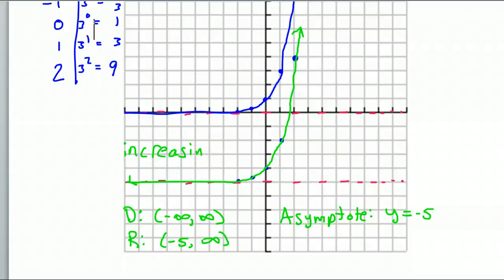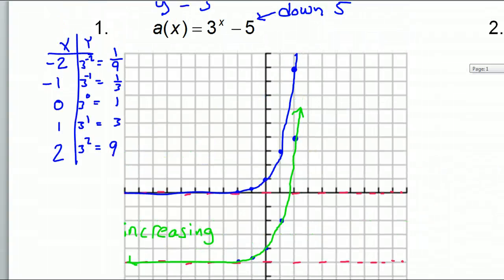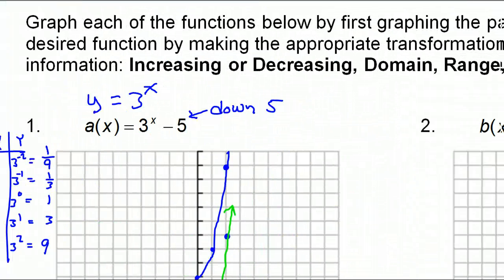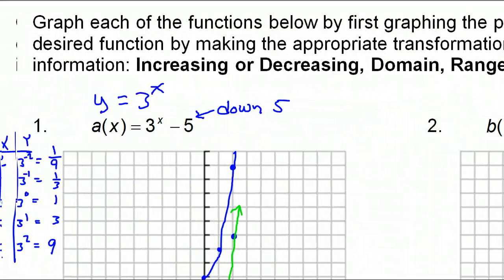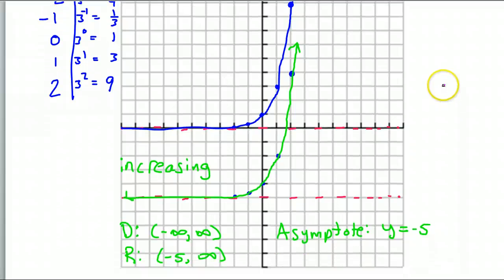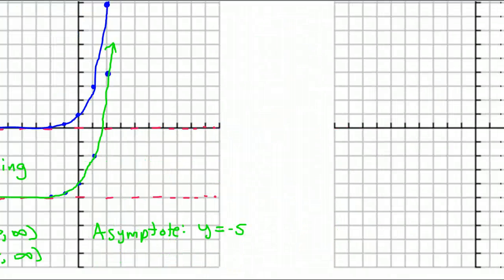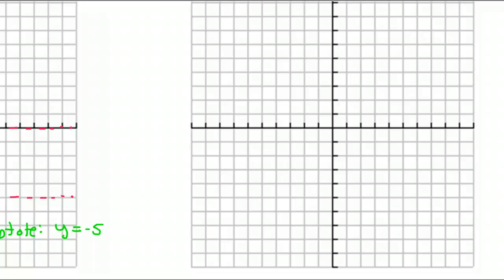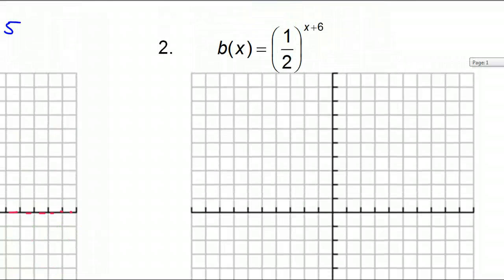Increasing. Okay, increasing. What else? Increasing, decreasing, domain, range, and the asymptote. I guess that's it. So that's it for problem number 1. Kabam. So we will do the same type of thing for all of these problems.